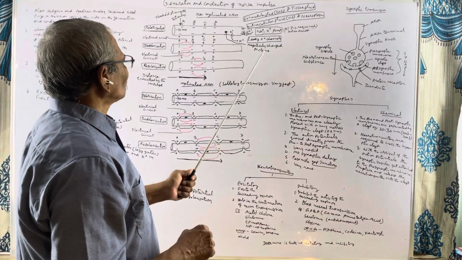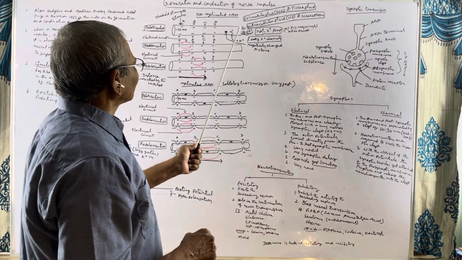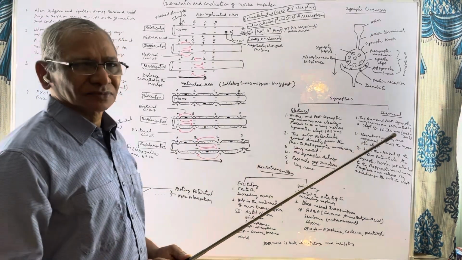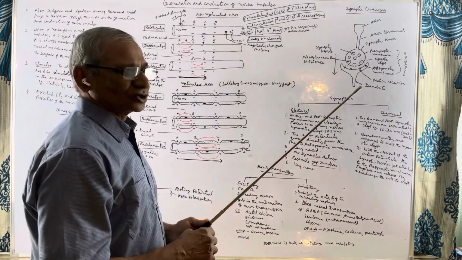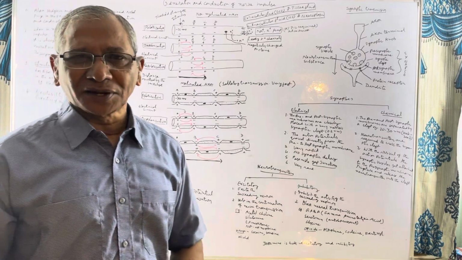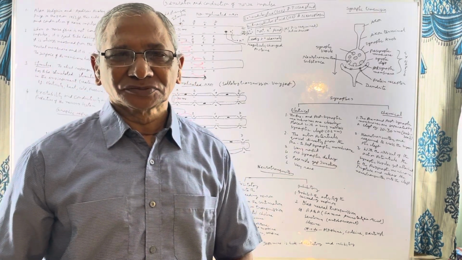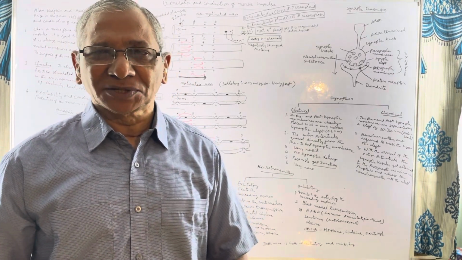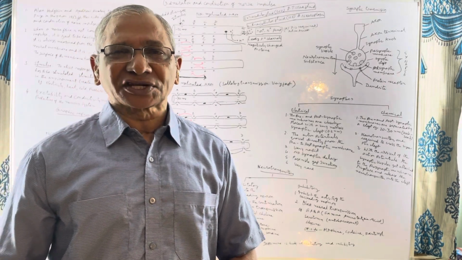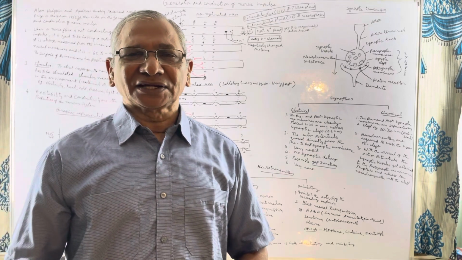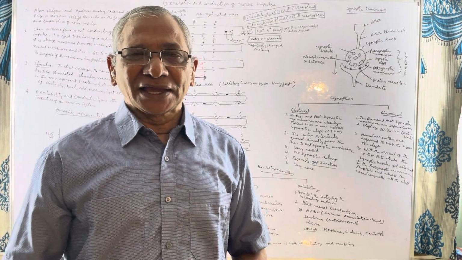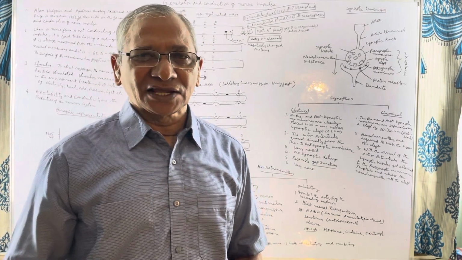The reason for this is two factors. The first factor is the sodium-potassium exchange pump. The sodium-potassium exchange pump works against the concentration of a substance, so it requires energy, and that energy comes from ATP, adenosine triphosphate.